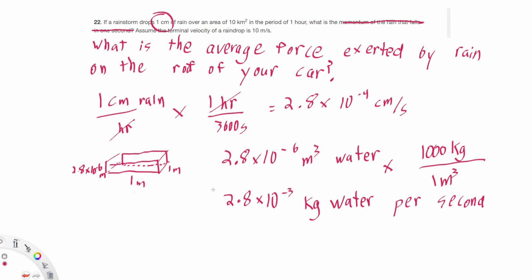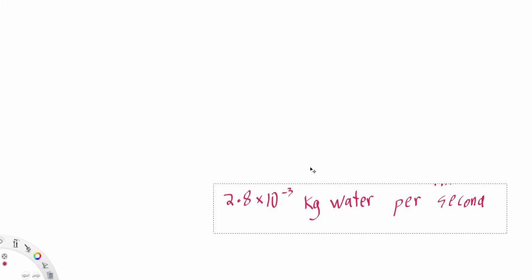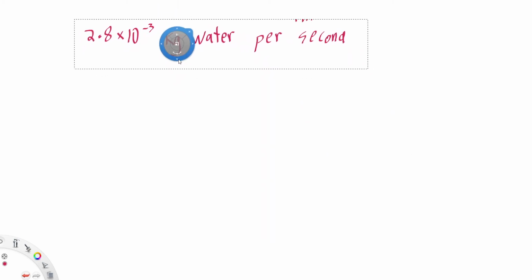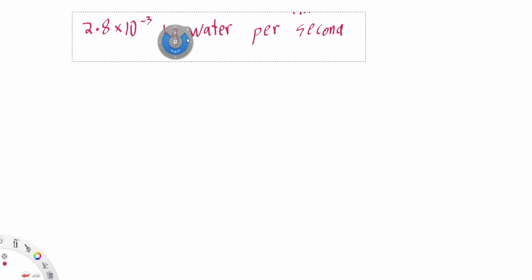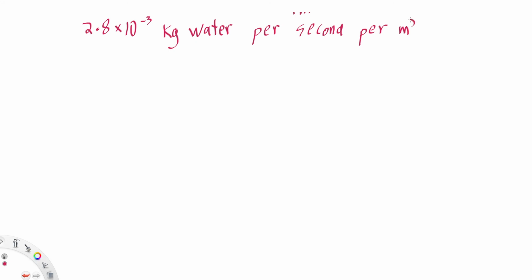Let's give ourselves a little room to complete this problem. Also note this is per second per square meter of area. All right, so how does this apply to momentum? Aren't we talking about momentum today?